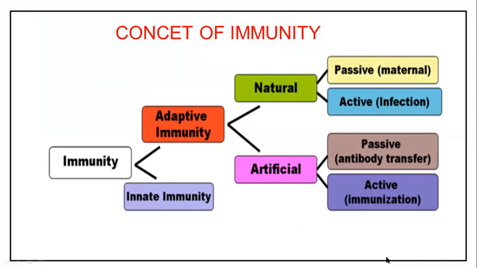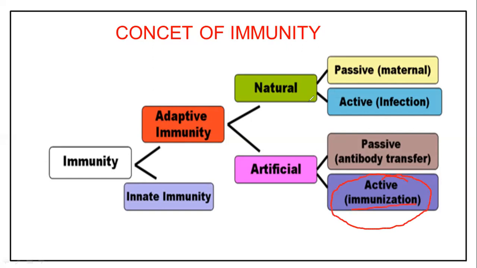Natural may be passive or active. Passive involves antibodies directly; naturally, when some infection occurs, antibodies develop in our body. The artificial type involves antibody transfer and active immunization. Vaccination belongs to the artificial type of active immunity, right?